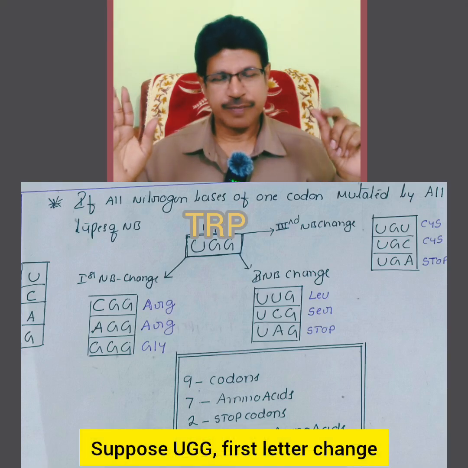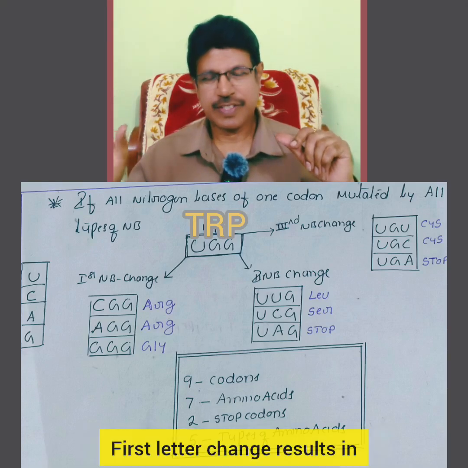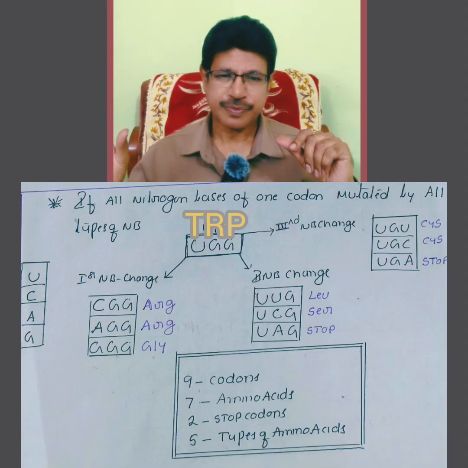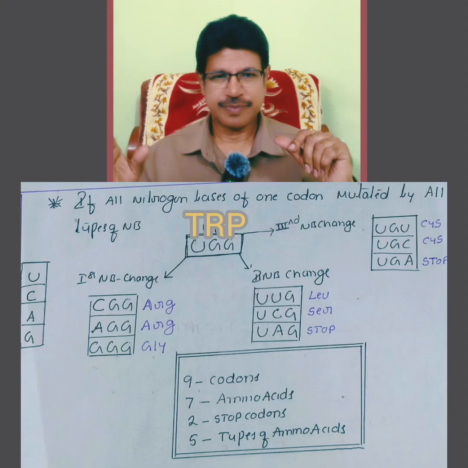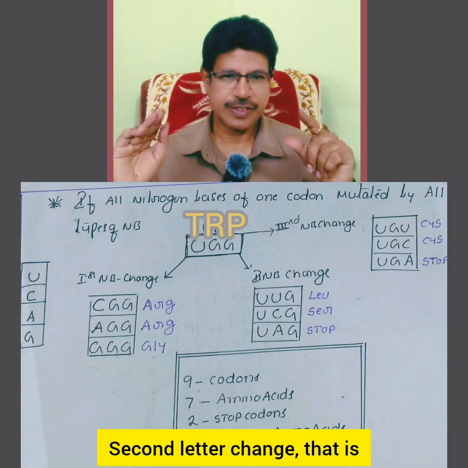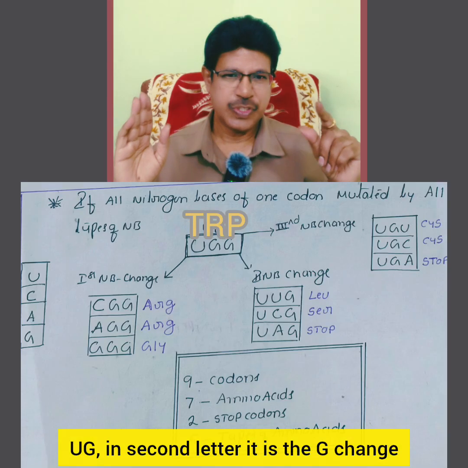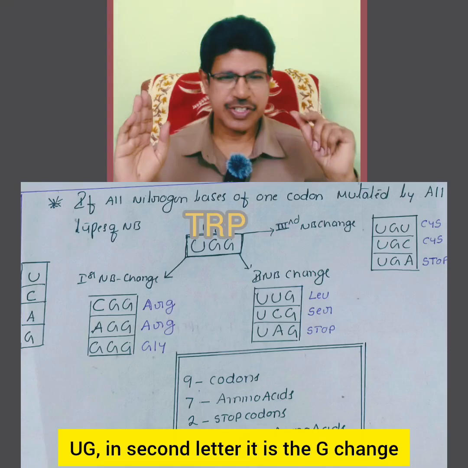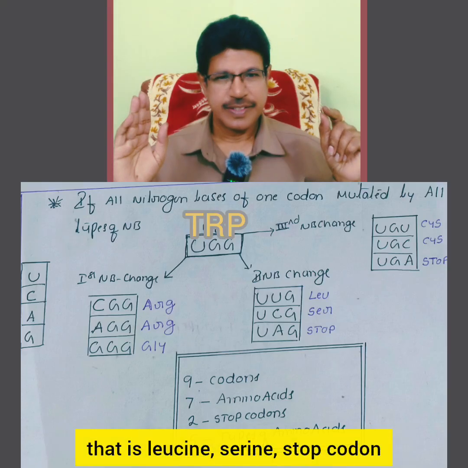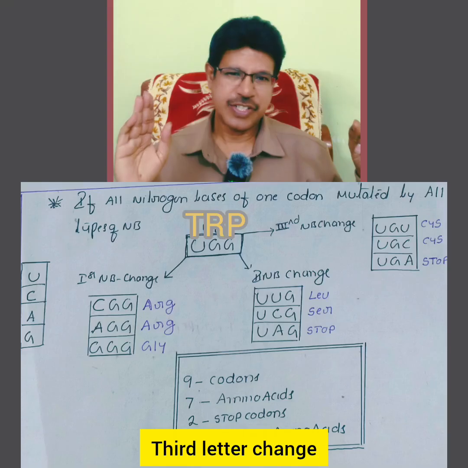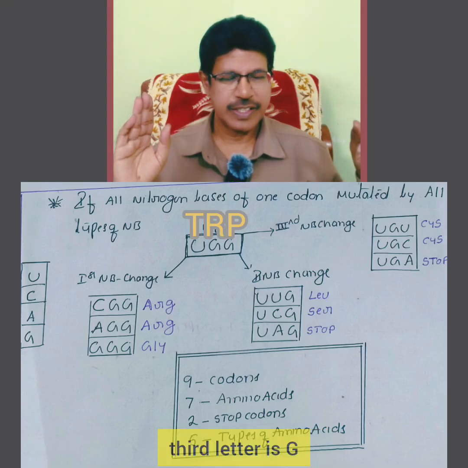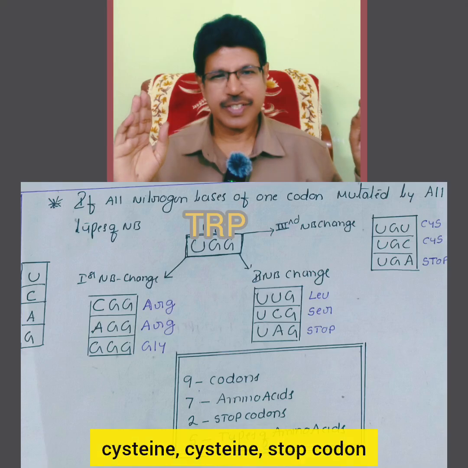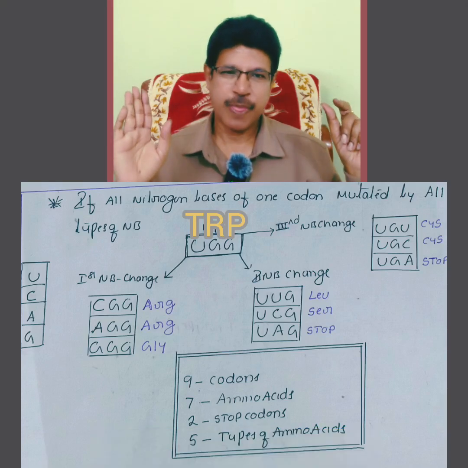Suppose UGG, first letter change. First letter change results in arginine, glycine. Second letter change, that is UGG, the second letter G changed, results in leucine, serine, stop codon. Third letter change, the third letter G in UGG, results in cysteine, stop codon.